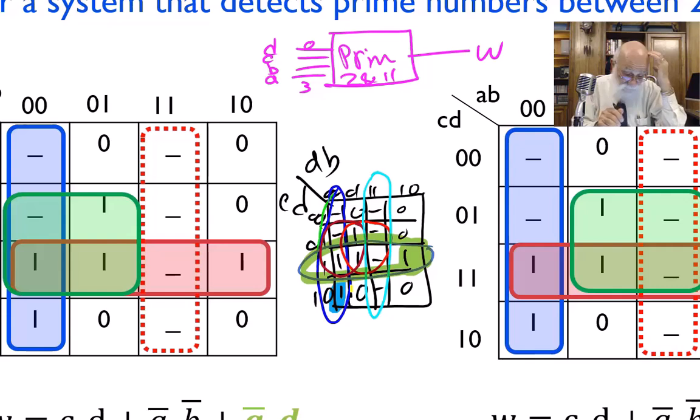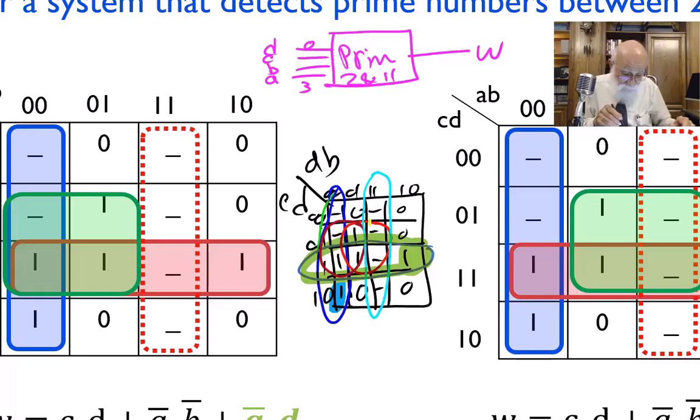Look, the blue one is essential. The one that I'm showing in green is essential. Okay? If I consider these two essentials, have I covered all my ones? Don't care about don't cares. Have I covered all my ones? The blue one covers everything on the left hand side. The green one covers the row in the middle. But then I will have one that is covered by either the dark red map or the light red map.